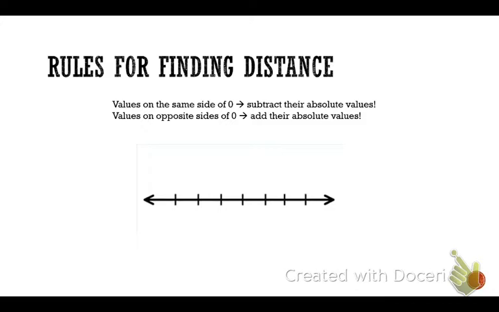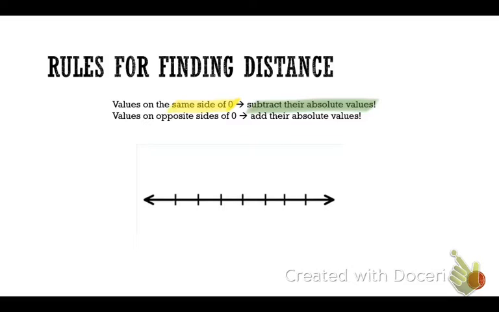If the numbers are on the same side of 0, you will subtract their absolute values. If the values are on opposite sides of 0, you will add their absolute values.